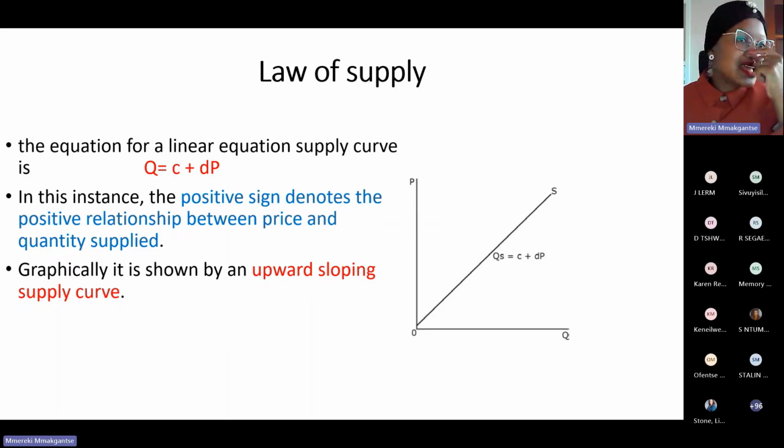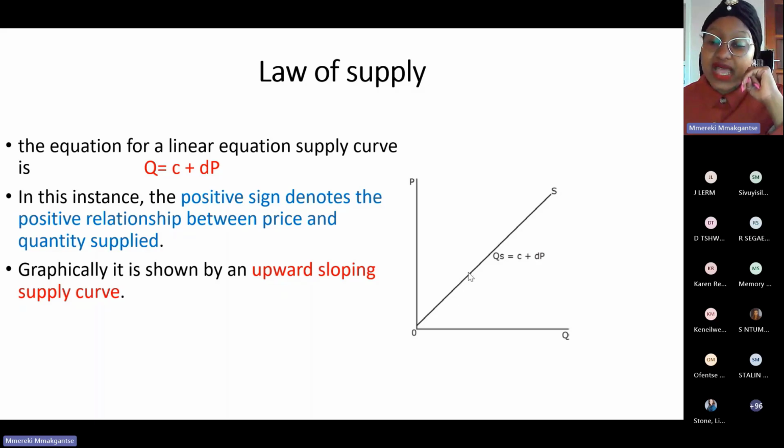Nongorora said that when the price is high, the suppliers will want to supply more units.